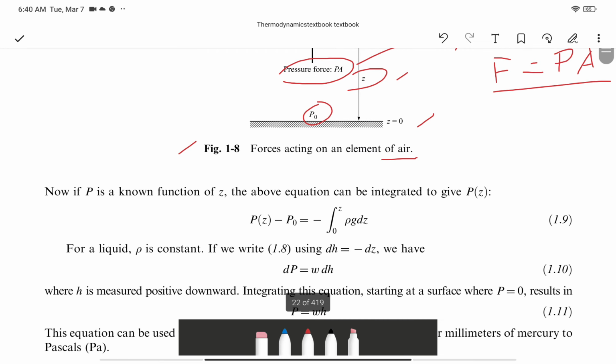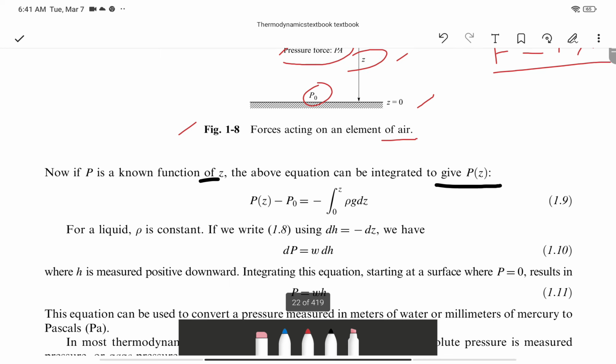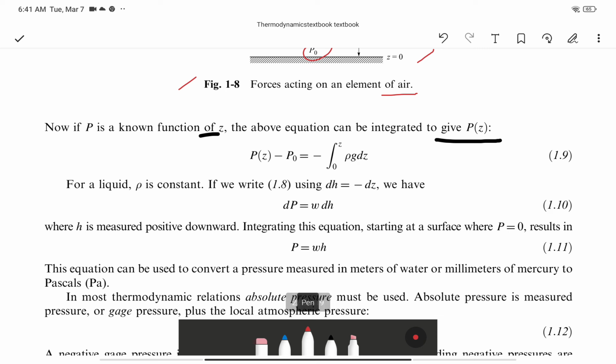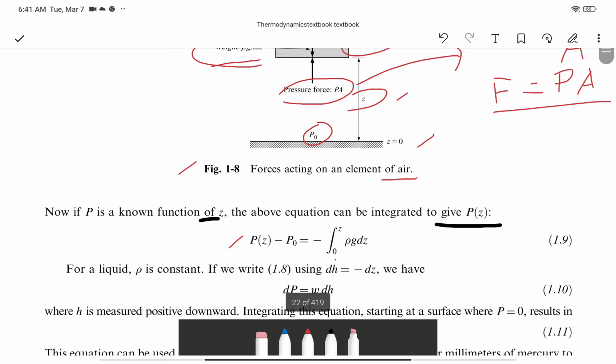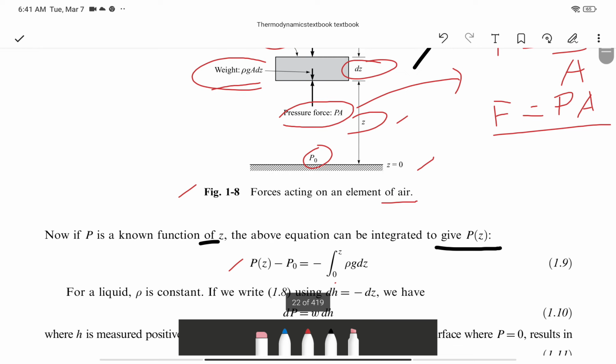So now if P, that is pressure, is a function of z, the above equation can be integrated. So we can integrate this like this, right? P(z) minus P sub 0 is equal to negative the integral from 0 to z.